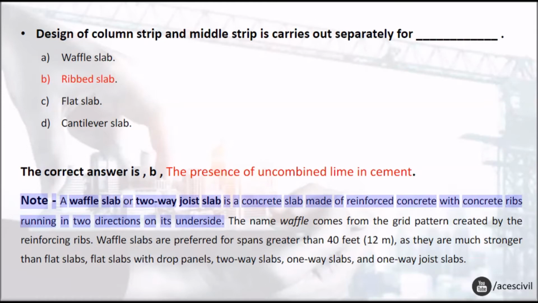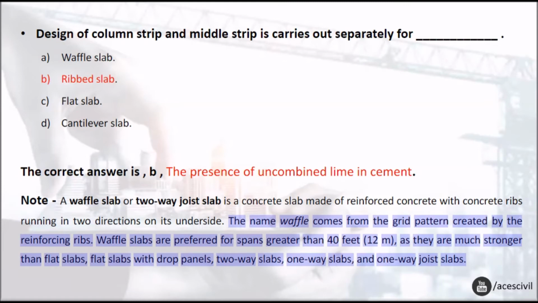Note: a waffle slab or two-way joist slab is a concrete slab made of reinforced concrete with concrete ribs running in two directions on its underside. The name waffle comes from the grid pattern created by the reinforcing ribs.